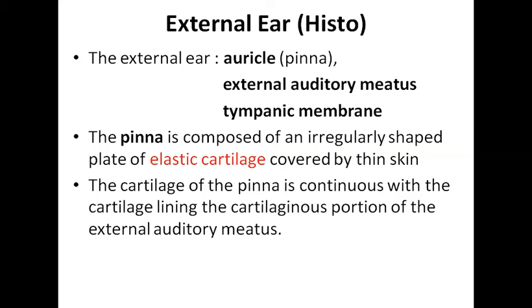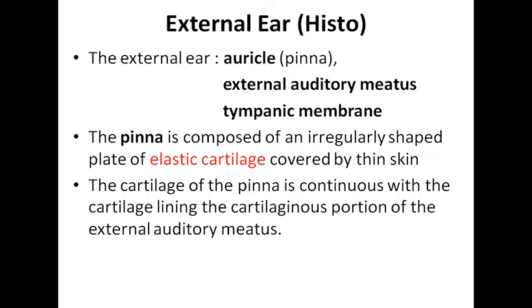If you remember, हमने cartilage की 3 varieties पढ़ी थी: hyaline cartilage, elastic cartilage and fibrocartilage, remember? So here is the elastic cartilage covered with skin. This cartilage is continuous with the cartilaginous lining of external auditory meatus, right?